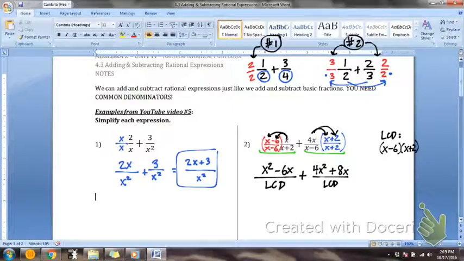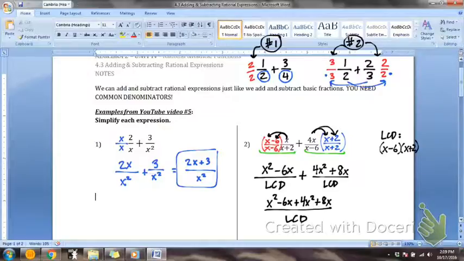Okay, so we've gone ahead and multiplied. So now we're going to write it as one big fraction. So we have x squared minus 6x plus 4x squared plus 8x. So we're combining the numerators, and we're going to write it all over one big LCD.